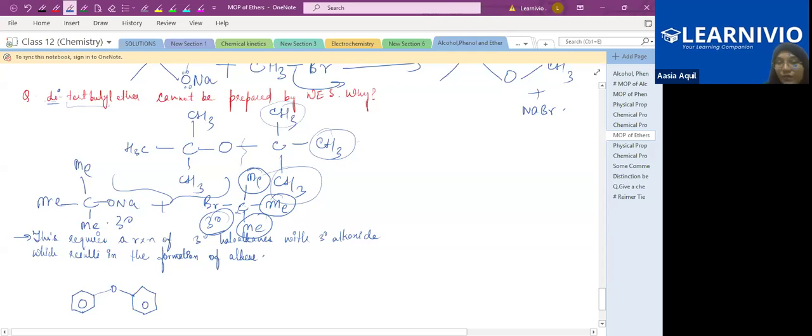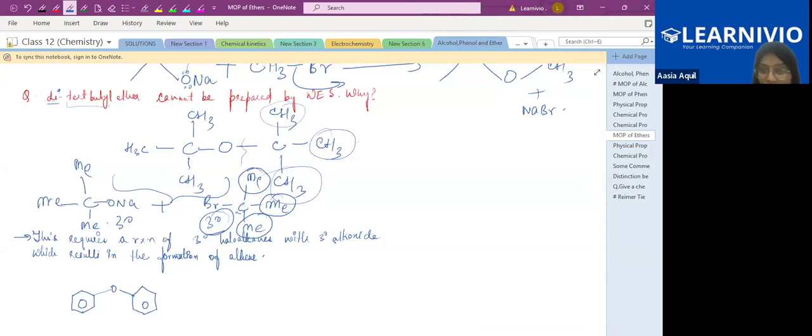Due to the steric hindrance and the bulky group, the nucleophilic substitution reaction will not take place. Instead, elimination will occur, so you will get the alkene, not the desired product, which is your ether. So that's why ditert butyl ether cannot be prepared by Williamson ether synthesis. Is it clear?